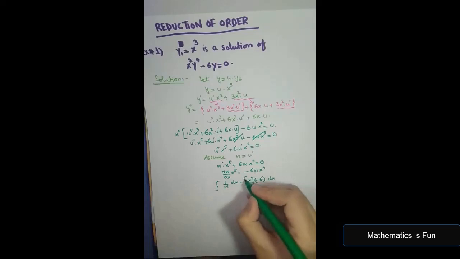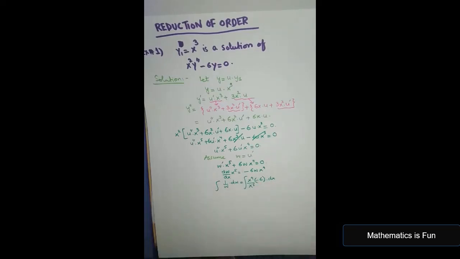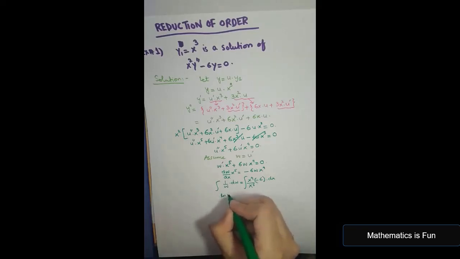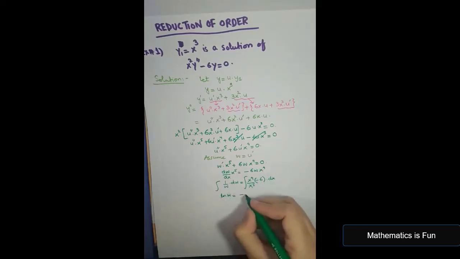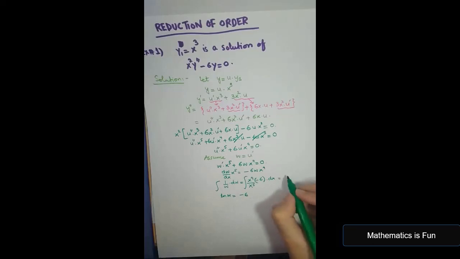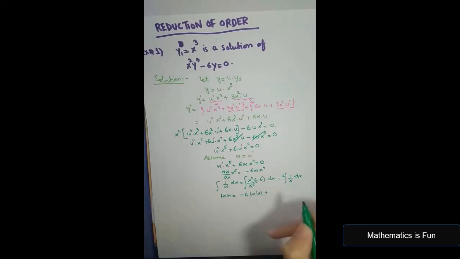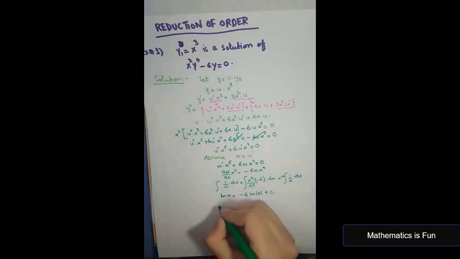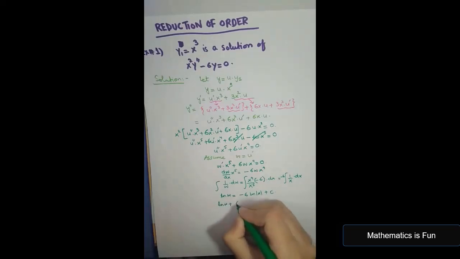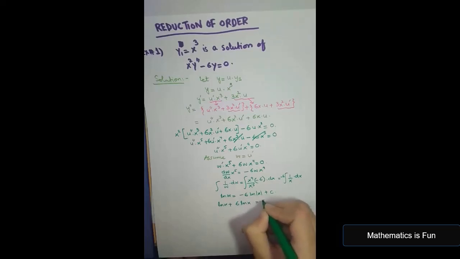So simply integration. Natural log of w equals minus 6 times 1 by x dx, so minus 6 natural log of x plus c. Simple: natural log of w plus 6 natural log of x equals c.